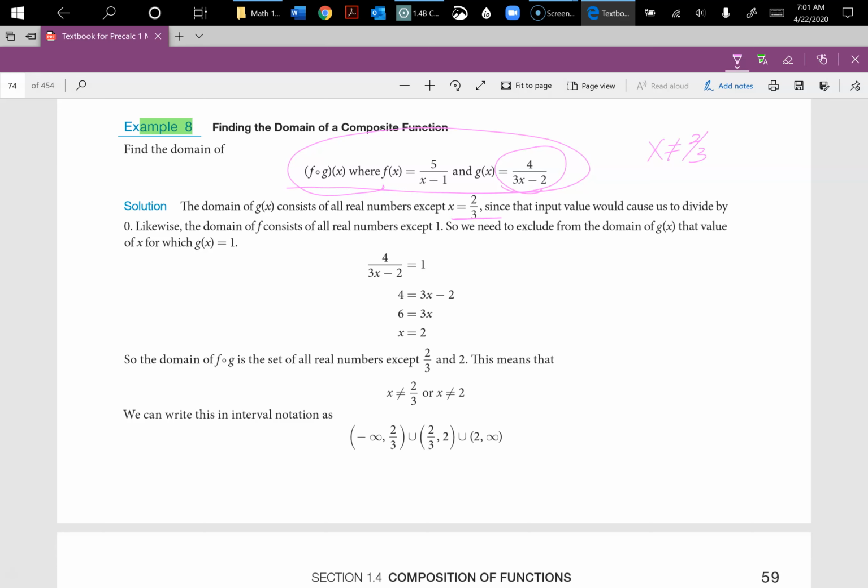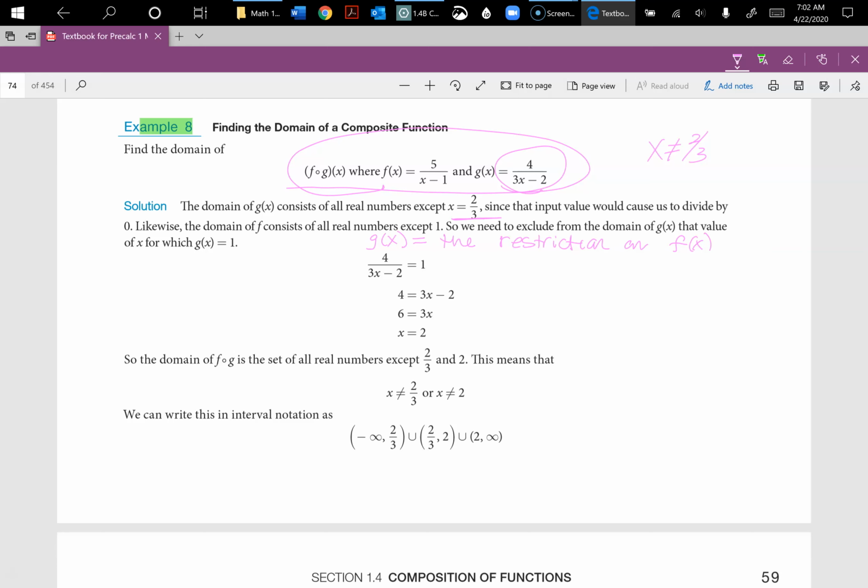Then we also don't want to end up with an f that is undefined, a value that when we plug it into f is undefined. So we take the g of x and we set it equal to the restriction on f of x. Does that make sense?